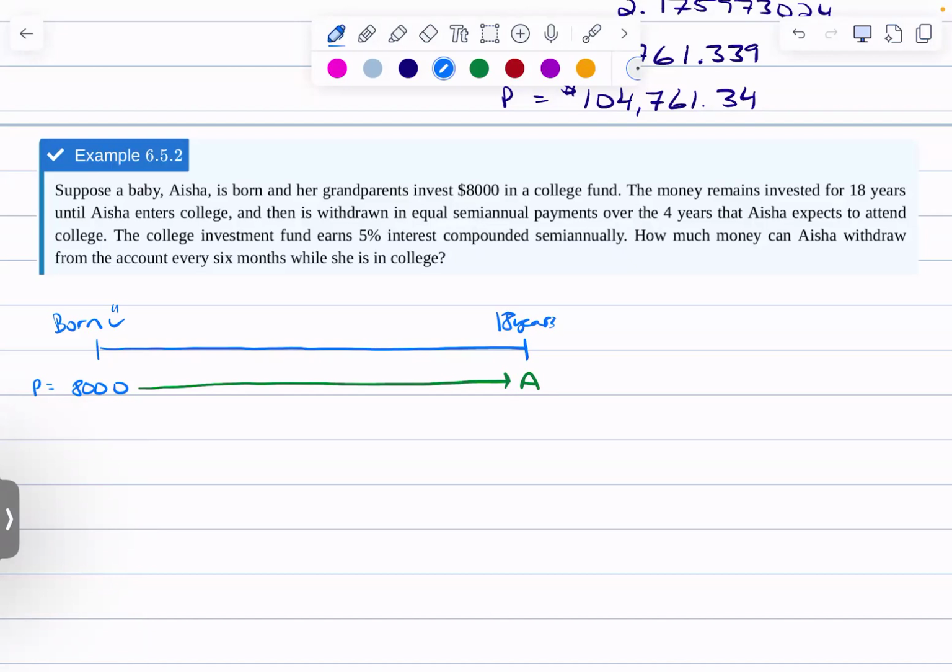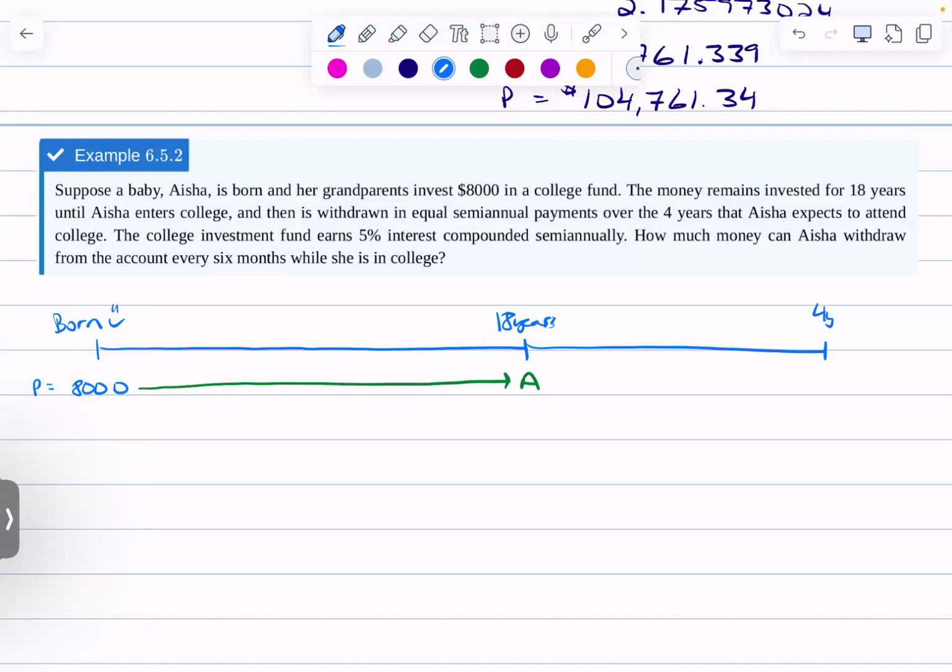And then we have these, you know what? Get a little bit longer. You can do it 18 plus 4 years, or remember, this is just to help you visualize what's going on. So if it makes more sense for you to say this is the 4-year mark, that's fine.